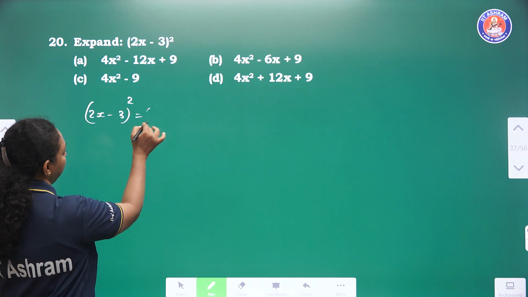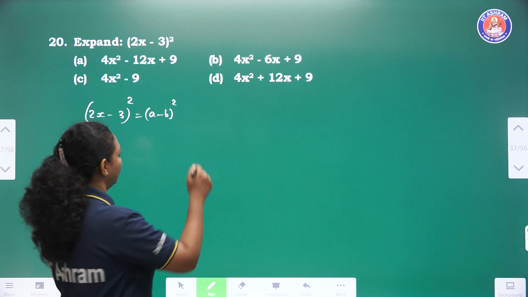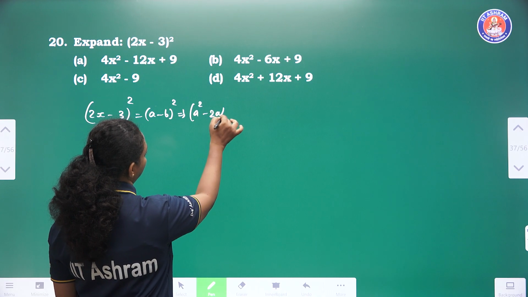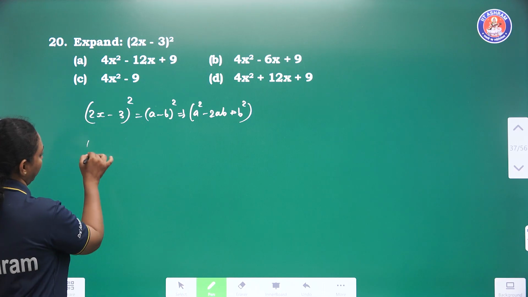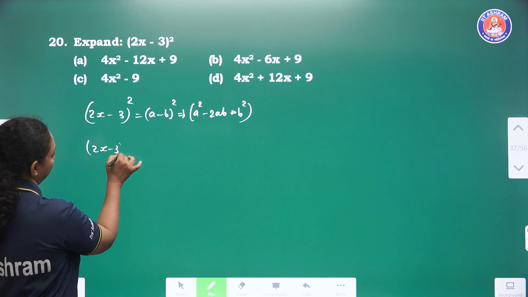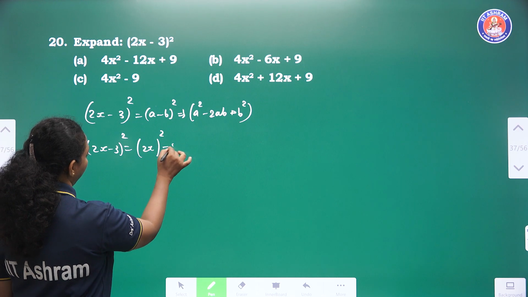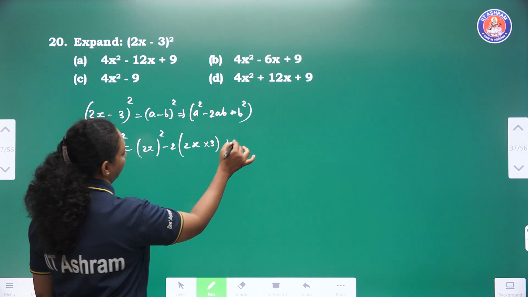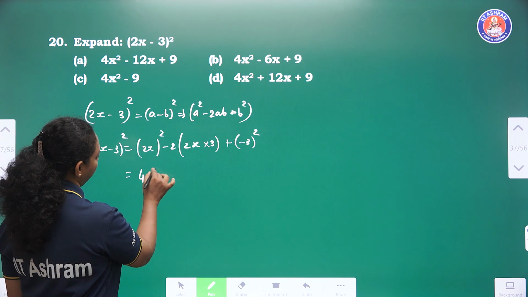Using the identity for a minus b whole square, which is a square minus 2ab plus b square, 2x minus 3 whole square is equal to 2x whole square minus 2 into first term into second term plus minus 3 whole square. So that is 4x square.